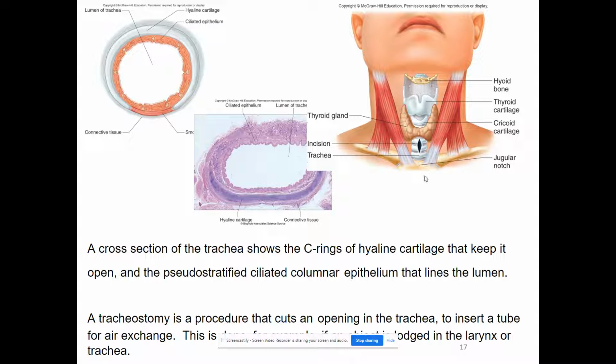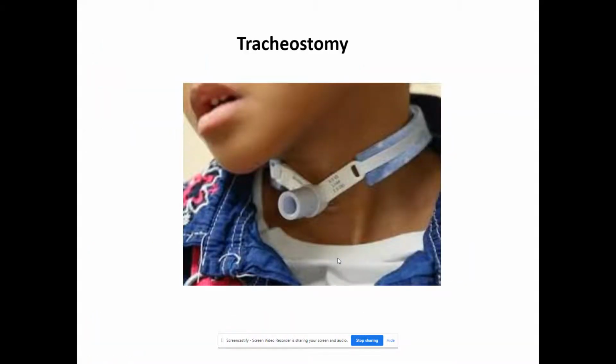This can also happen, and you may have seen people, and I'll show you on the next slide, who have a tracheostomy. This is a more permanent situation where it's possible that they had some sort of malformation of the larynx from birth. It could also be caused by the larynx or other structures being removed from cancer or any other type of disorder, or injury.